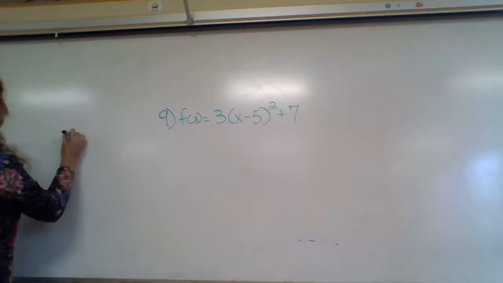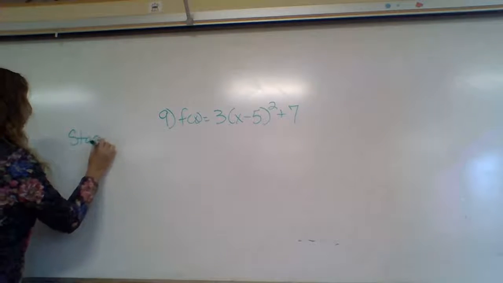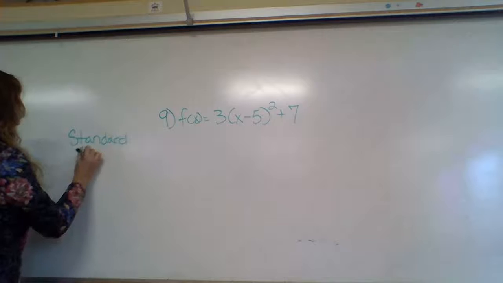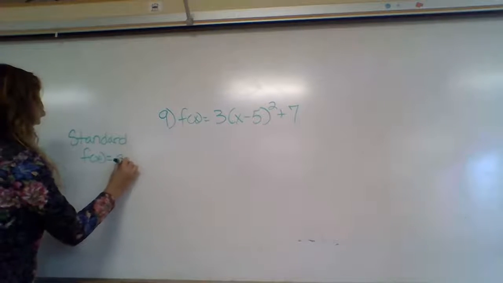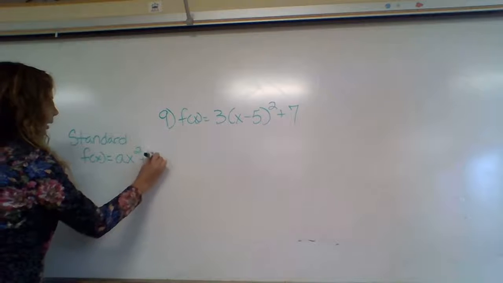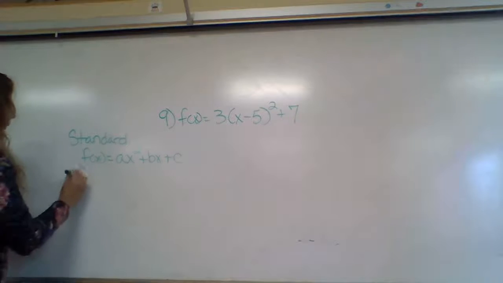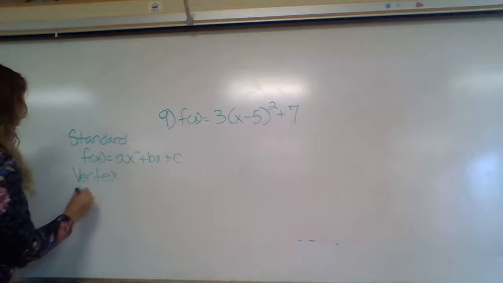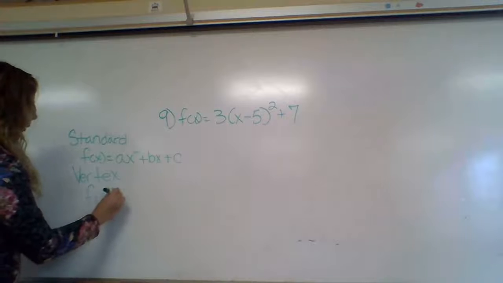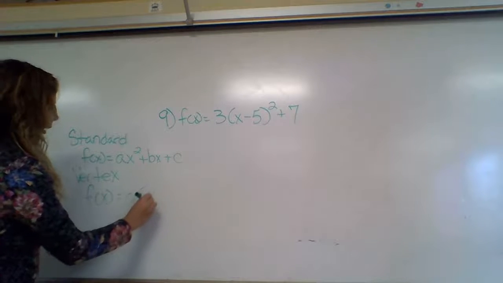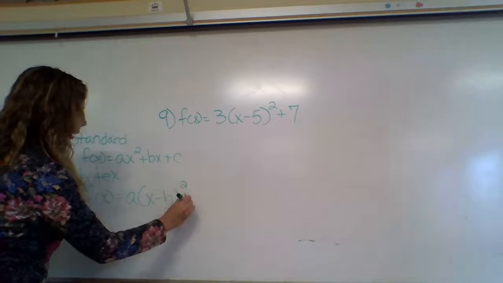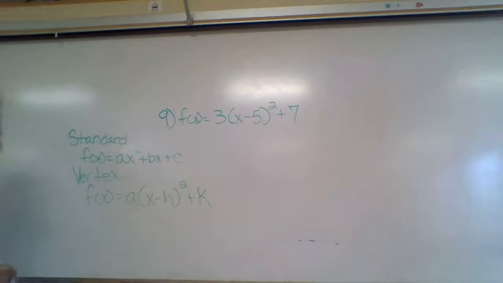I have standard form, which is ax squared plus bx plus c. Then I have vertex form, which is what this one is: f of x equals a times (x minus h) squared plus k. And the last one is factored form, which is what we just saw in the first two.